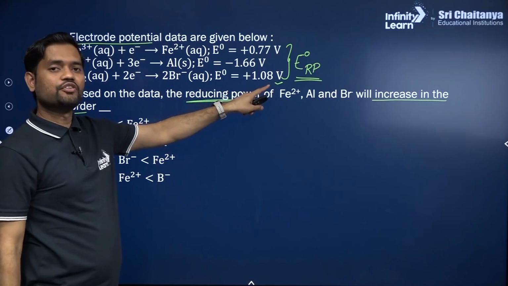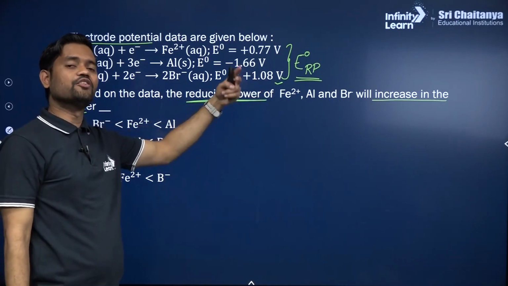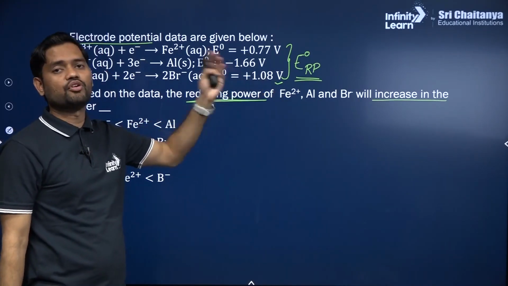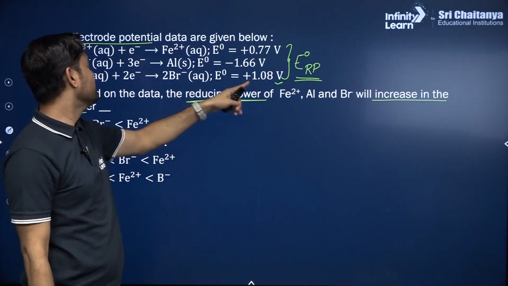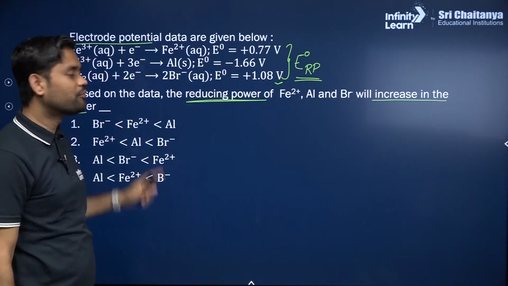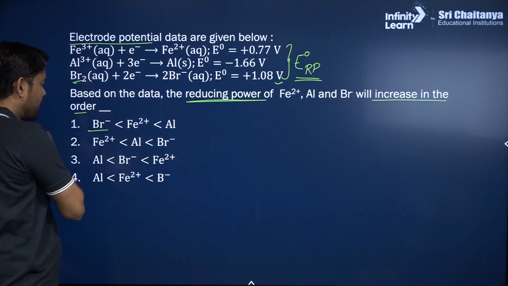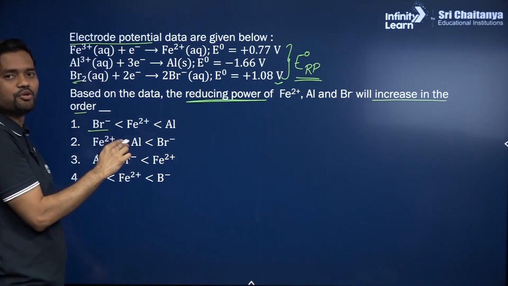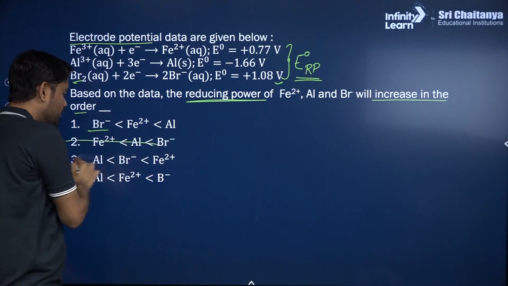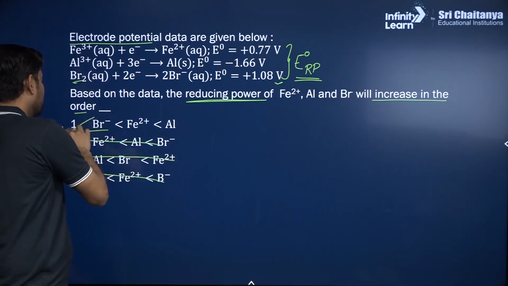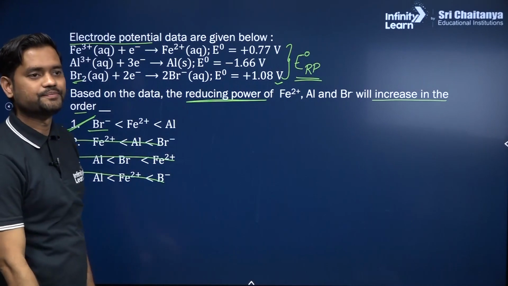So it will undergo reduction easily, and hence it has good oxidizing power but not reducing power. So the least reducing power is of bromine or bromide ion. So the first one will be bromide ion. The only case where bromide ion is first is option 1, so we can eliminate all the others, and hence option 1 is the right answer.